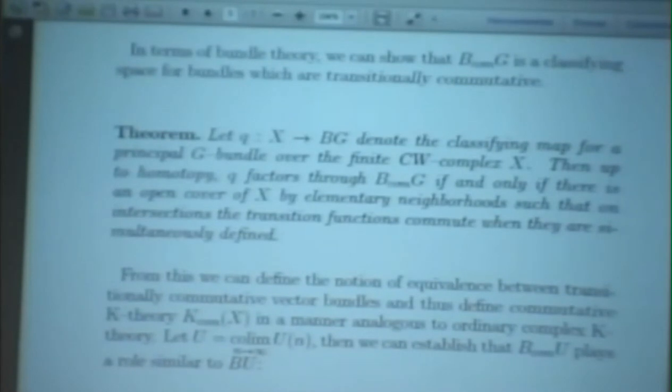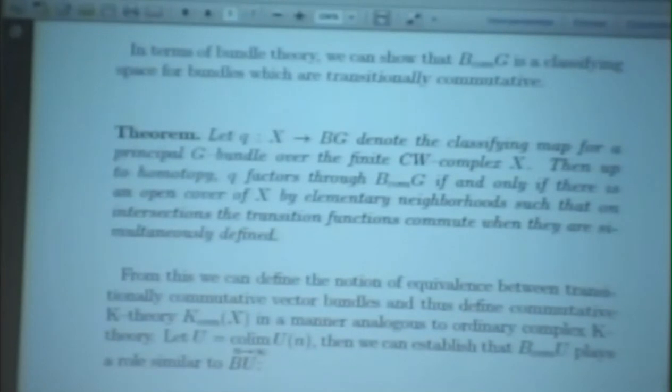Well, let Q be the classifying map for a principal G bundle over a finite CW complex X. Then up to homotopy, Q factors through B_com G if and only if there's an open cover of X by elementary neighborhoods, in other words, where there's a trivialization, such that at intersections, the transition functions commute when they are simultaneously defined. So when it makes sense, they all commute.